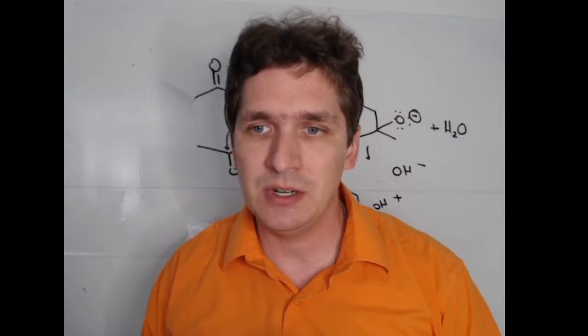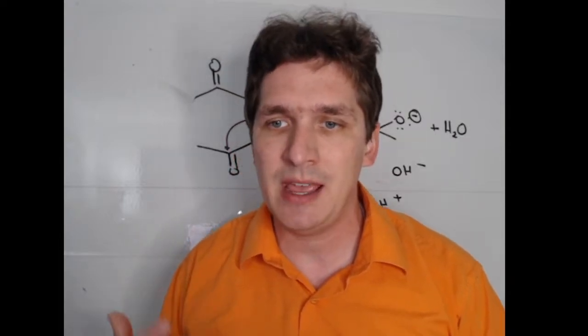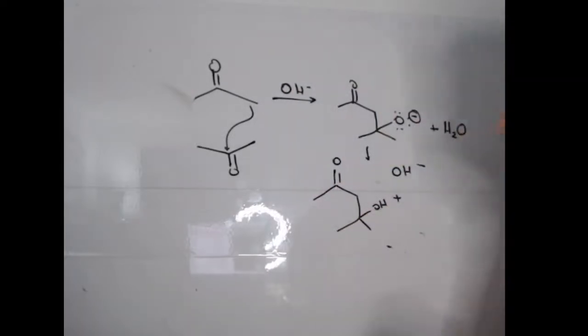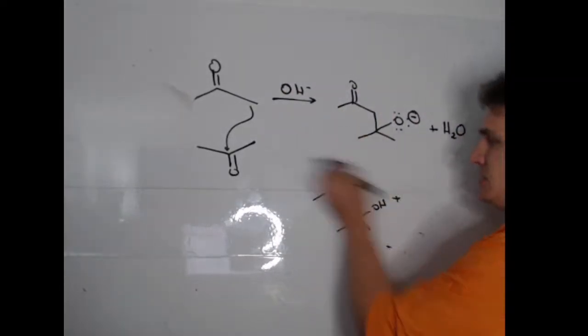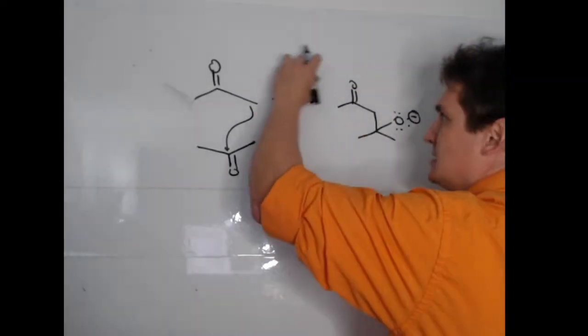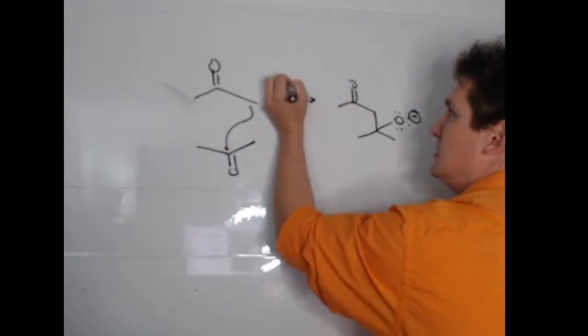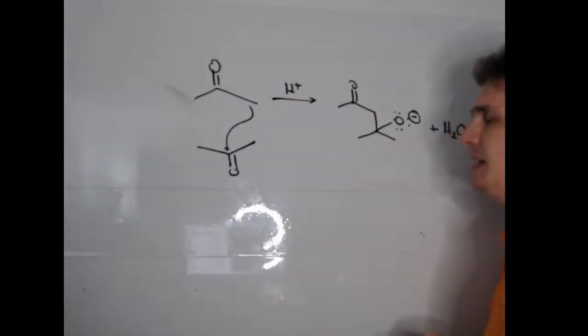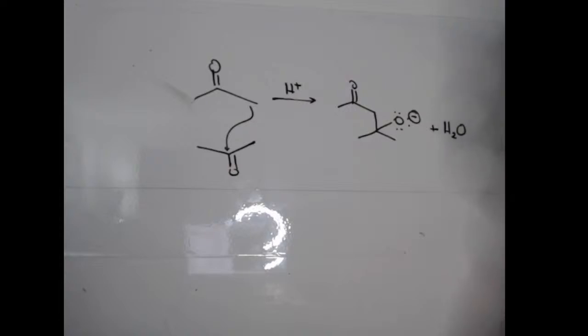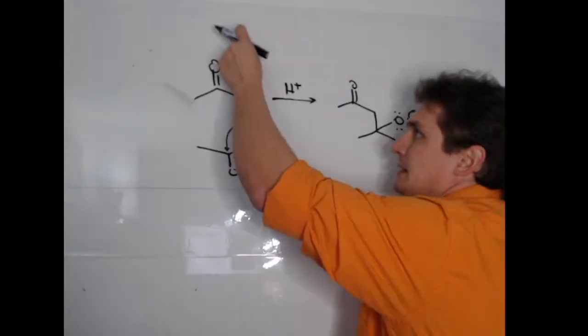So in slide 24, it talks about how if you just had acidified water, so let's say you try to do this reaction through acid catalyzed conditions. And under acid catalyzed conditions, you protonate this first.